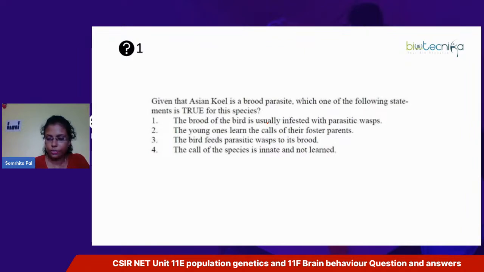They are talking about the Asian quail, which is a brood parasite. We know about quail, right? So it's kakku. So this is a brood parasite. Which one of the following statements is true for this species?